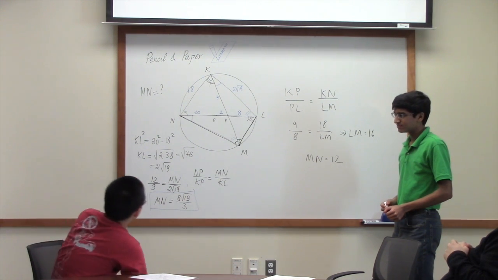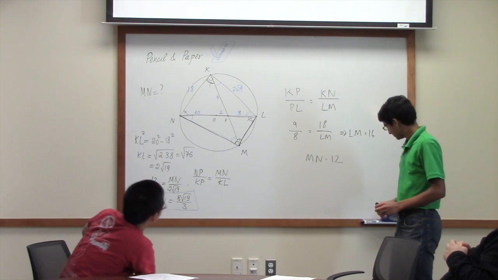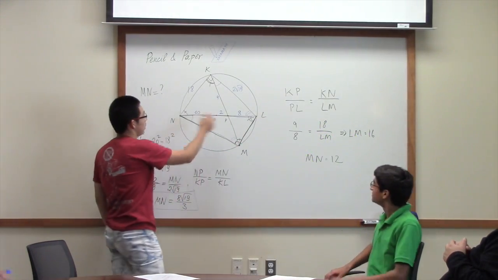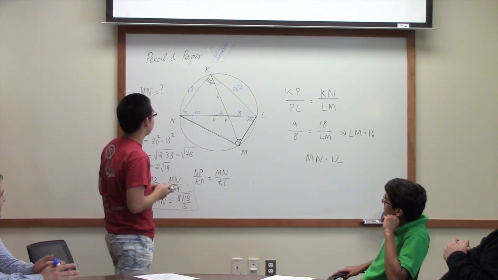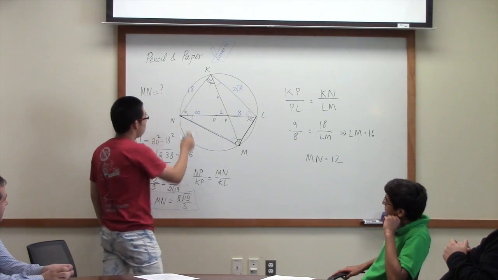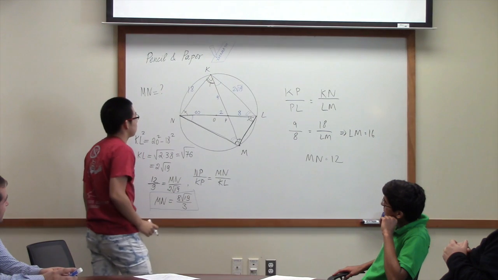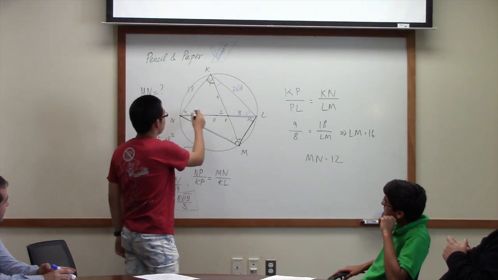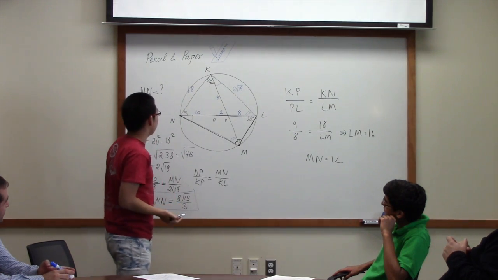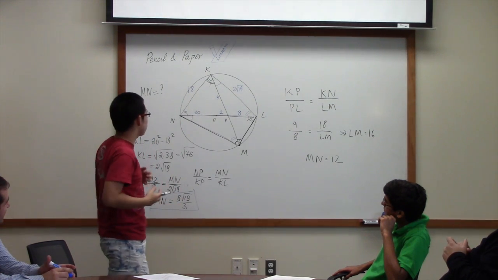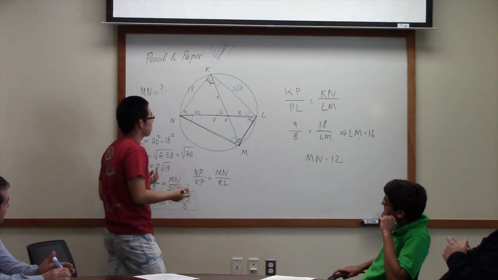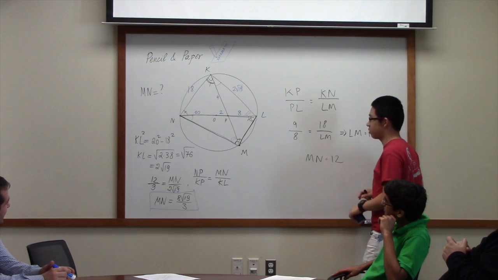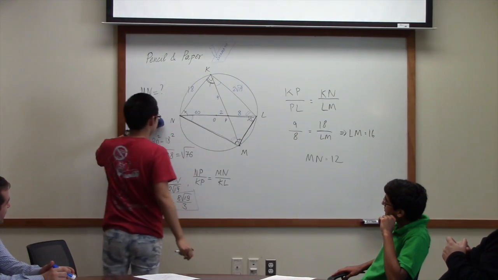I just feel like there are way too many conditions in this problem. First of all, we have NL as the diameter, which is already a pretty strong condition, and then we have a clearly defined triangle NPK, which has sides 12, 9, 18. So it's like a 3, 4, 6 ratio, and I have to redraw the diagram.